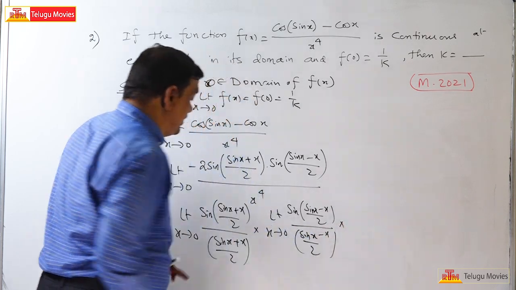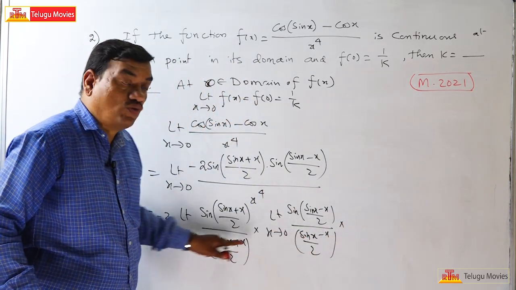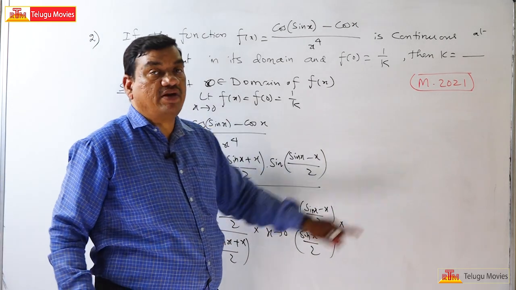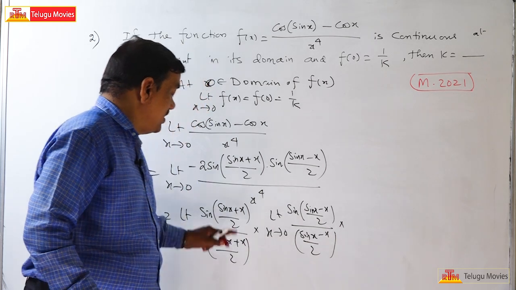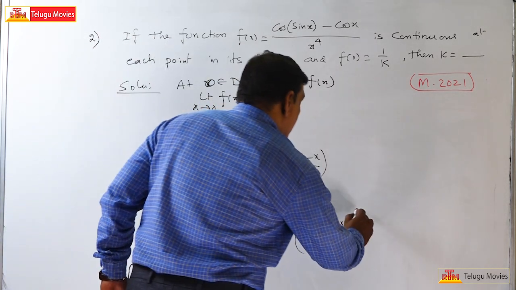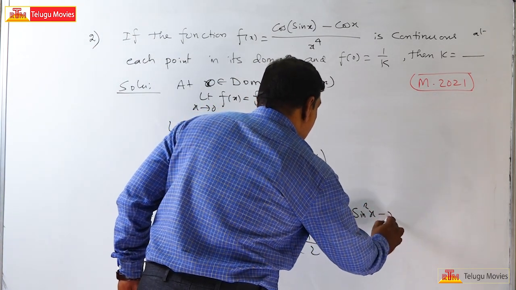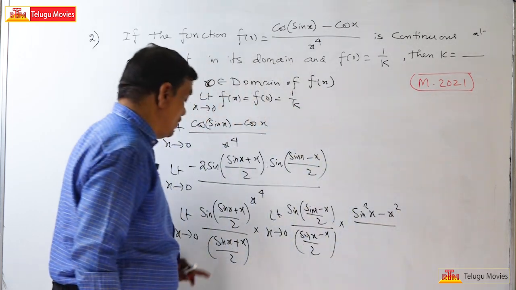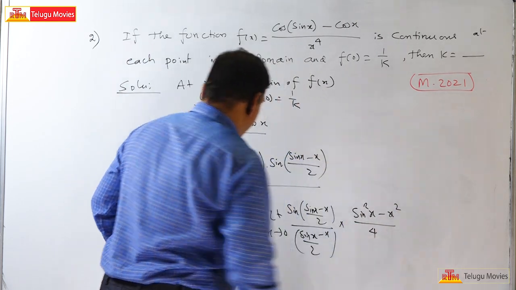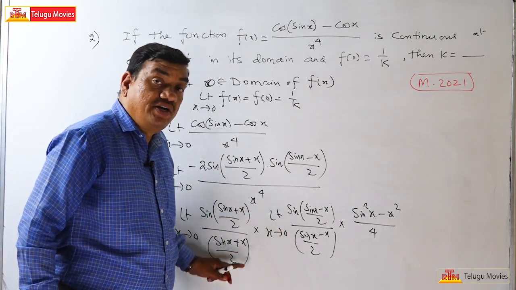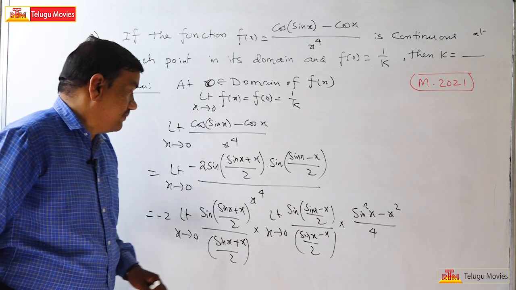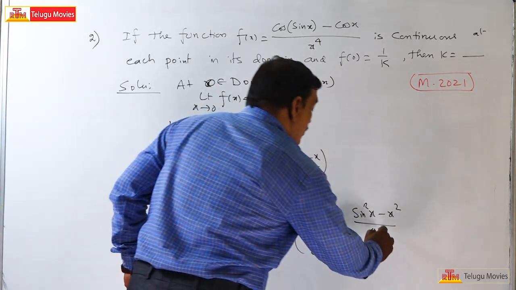So ultimately we divided with these two quantities. Now we have to multiply with them. That means a plus b into a minus b is a square minus b square, that is equal to (sin square x minus x square) by 4. With these two quantities we divided, that's why you have to multiply. Already x to the power of 4 is there.